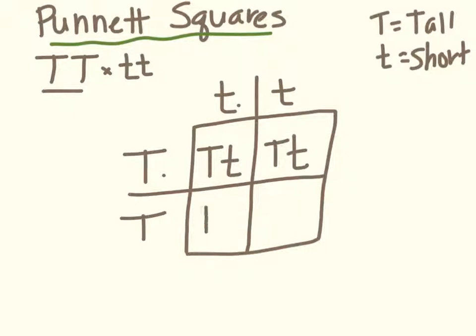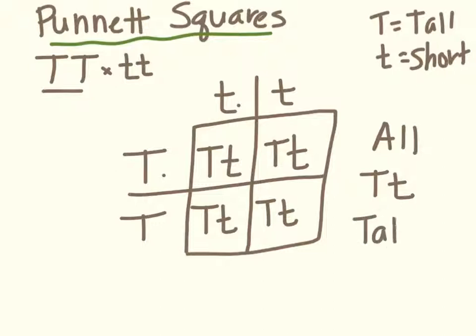How we do this is we bring the one across and then the other one down, the other one across and the other one down. And here we see that all of our offspring would have the genotype capital T, lowercase t. And we know by the law of dominance that all of these offspring would demonstrate the tall trait.